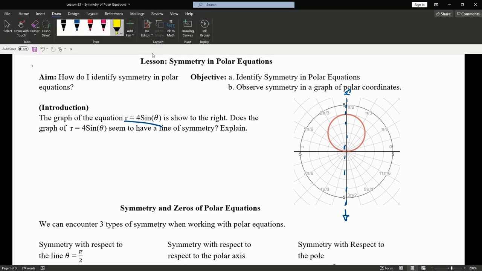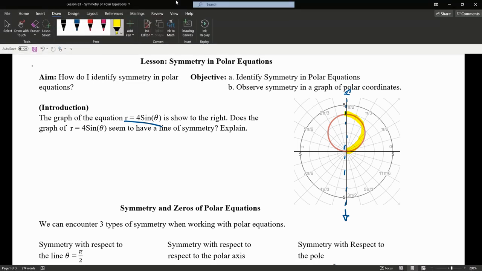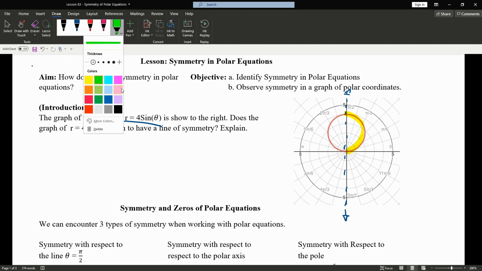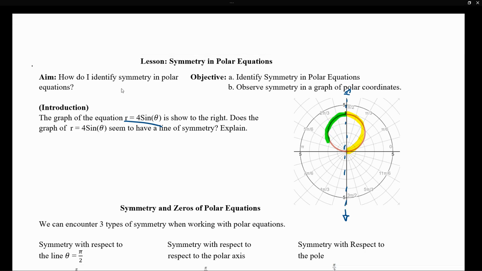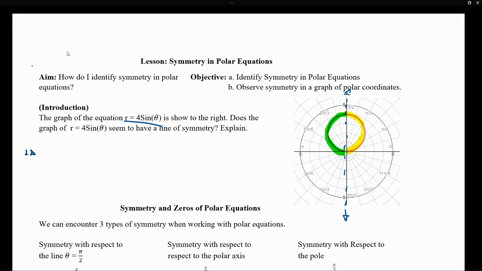Well, if I take this half of the function, imagine that you reflect it, it is definitely going to overlap with the other half of the function. So it seems like this function for sine of theta is symmetric over this line, which looks like the y-axis, which again, it is not the y-axis.